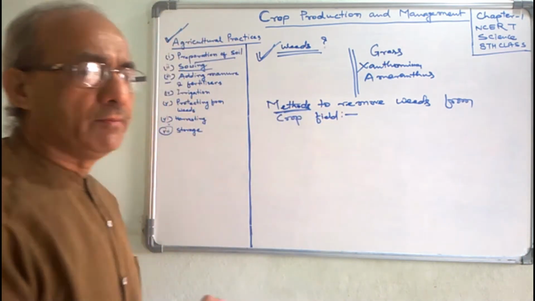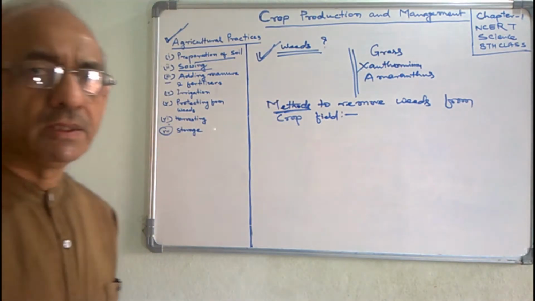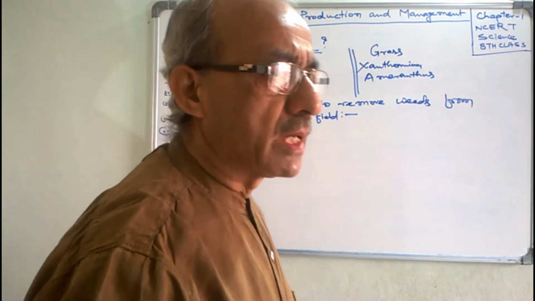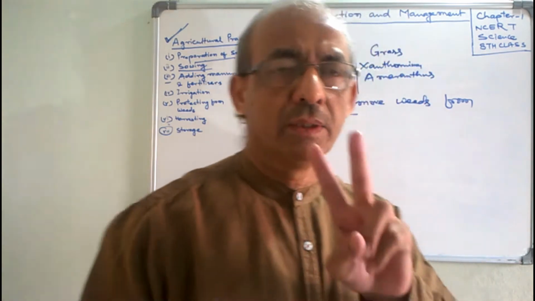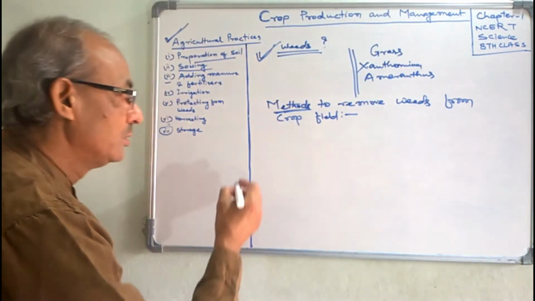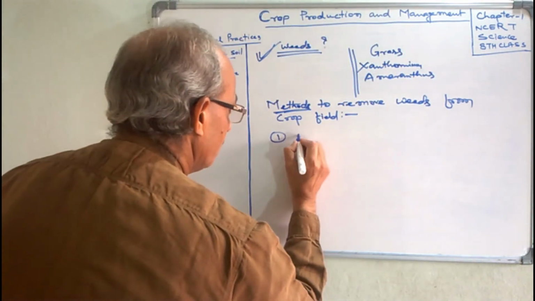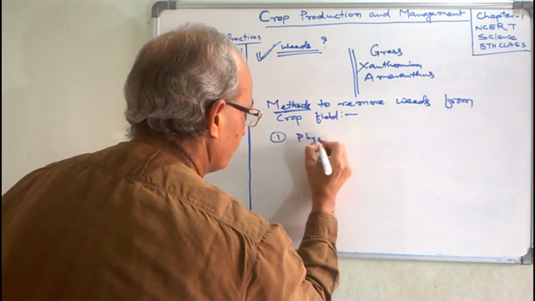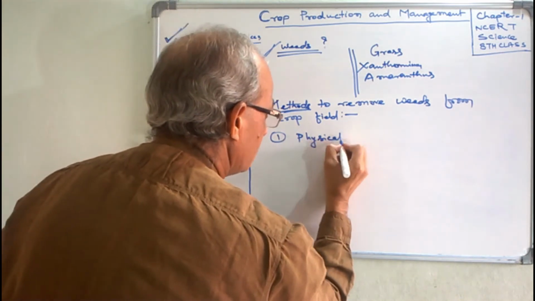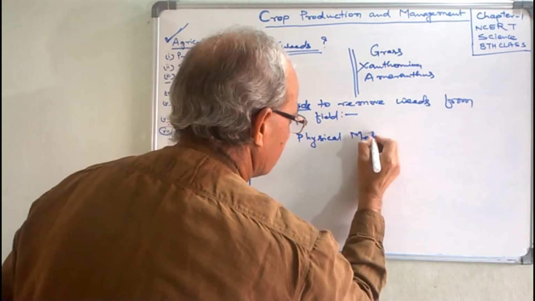In our country, mainly the weeds are removed or killed in two ways. First is physical methods.